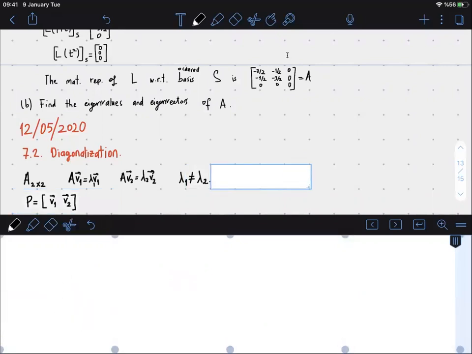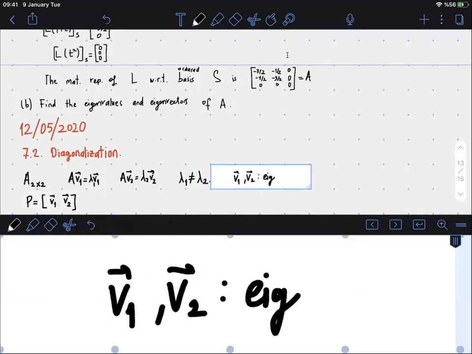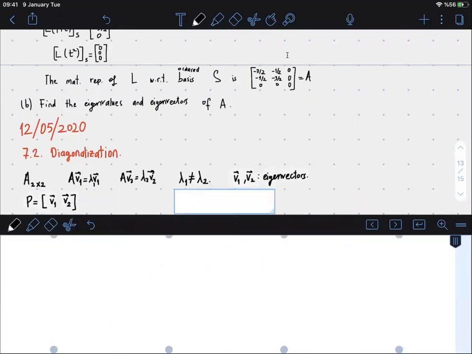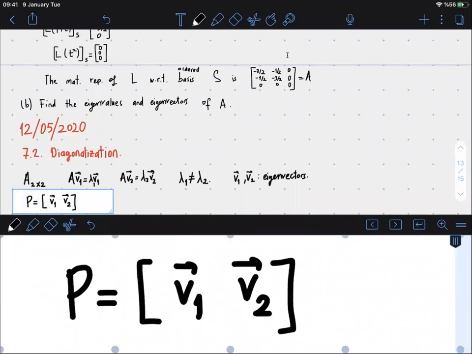So let's say that V1 and V2 are eigenvectors. What is the size of this matrix? The first column is a vector of size 2, so this is a 2 by 2 matrix, right?